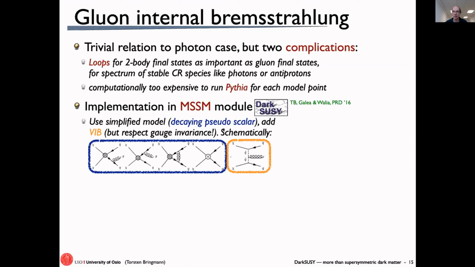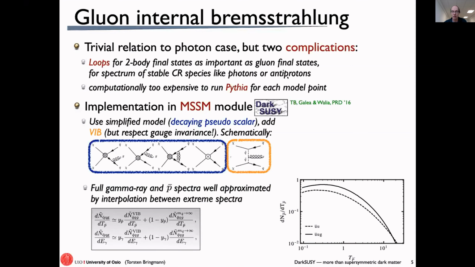It's the same kinematics and global quantum numbers as for a decaying pseudoscalar, and then add the dominant mistake that you would make by doing so, namely from this virtual internal bremsstrahlung, essentially by hand, making sure that gauge invariance is respected, of course.